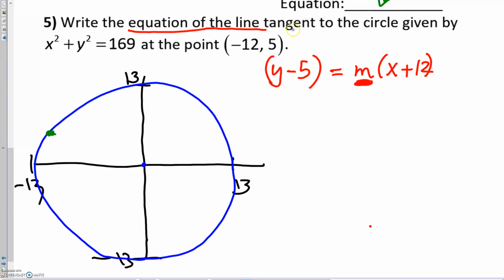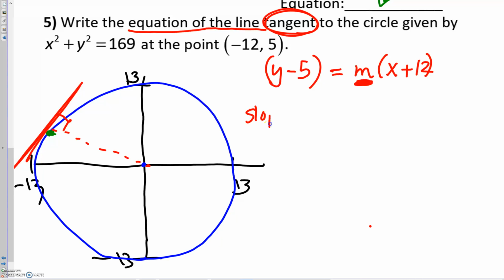So remember that a line that is tangent to a circle is perpendicular to the radius. So I've drawn a radius right there, and it's perpendicular to it, so it's going to form a right angle. So I could probably figure out the slope of my radius.